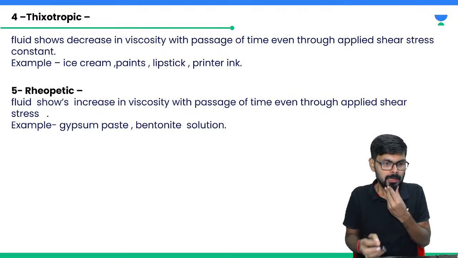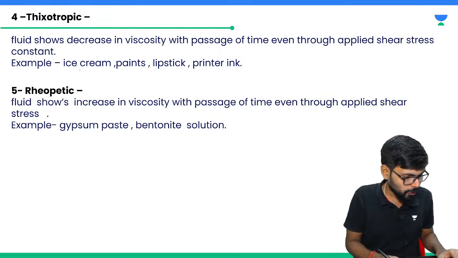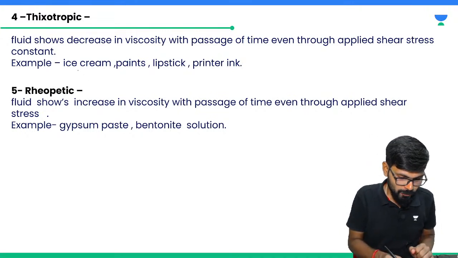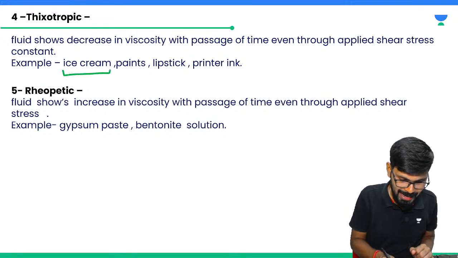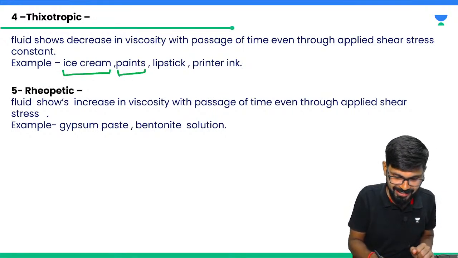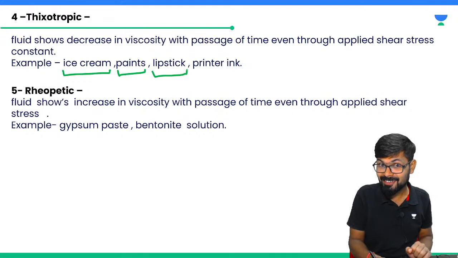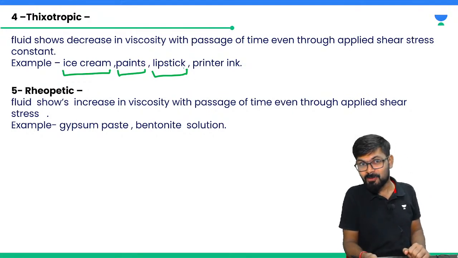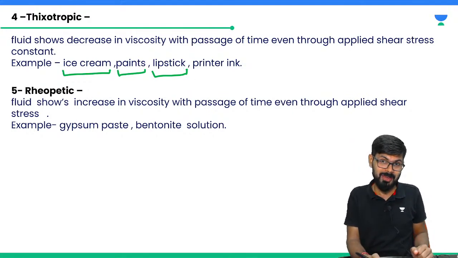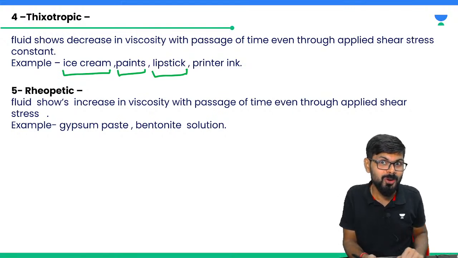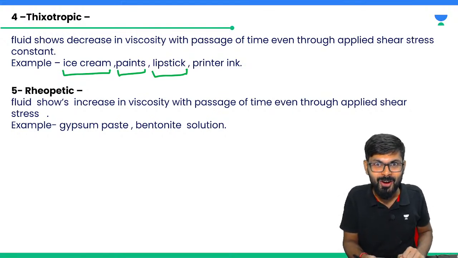For thixotropic, listen here beta, examples are ice cream, paint, lipstick. Some of you may have already done some experiment with lipstick.